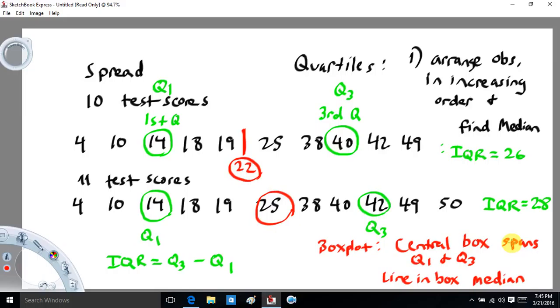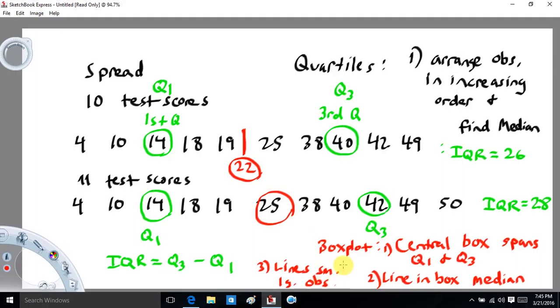And lines that extend to the smallest and largest observation. So we have 1, 2, and the third thing is lines that extend to the smallest and largest observation. And I have to abbreviate, I'm sorry.